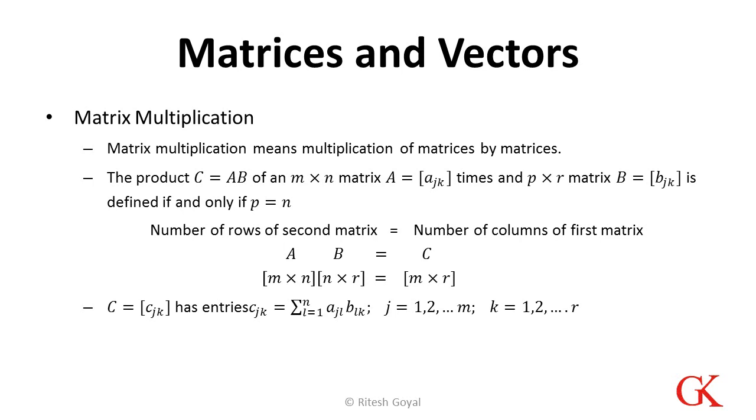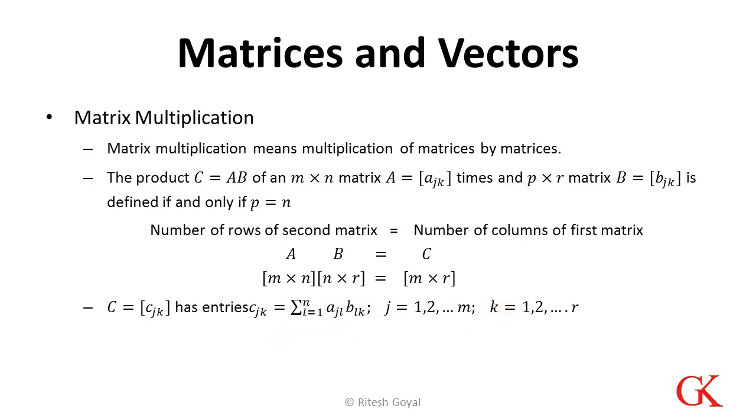The entries of the m cross r matrix are defined as Cjk, and mathematically this is the formula to obtain those entries, where we go l equals 1 to n, Ajl Blk, where l is the running parameter, and we get all the values from C11 to Cmr. It looks complex because we have written it as a mathematical formula.